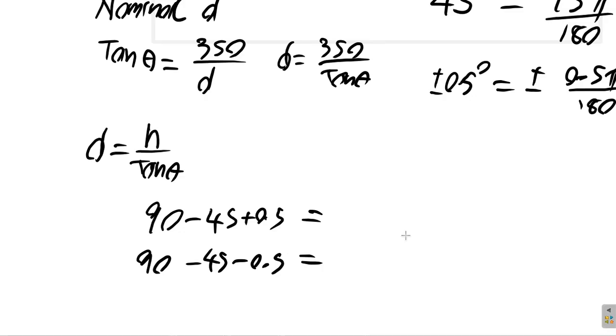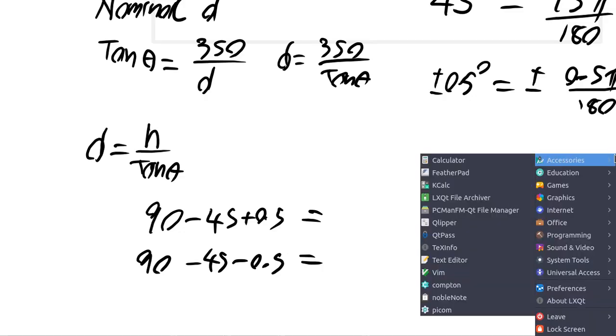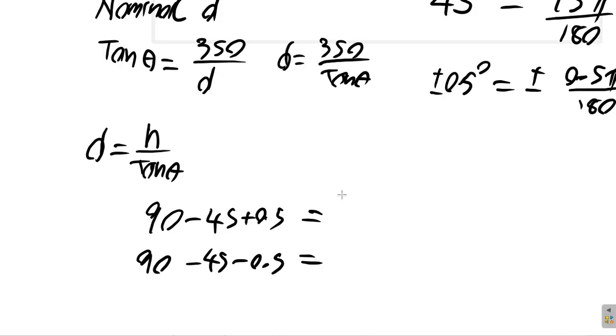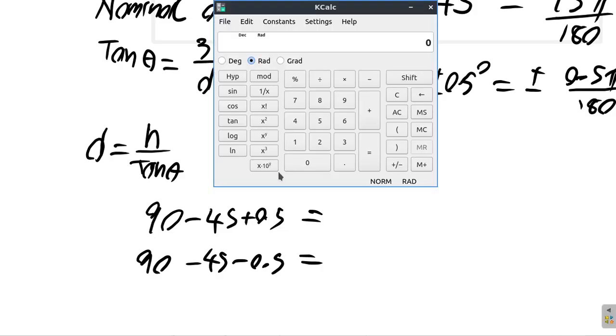Let's reach for our calculator here. 90 minus 45 is of course 45.